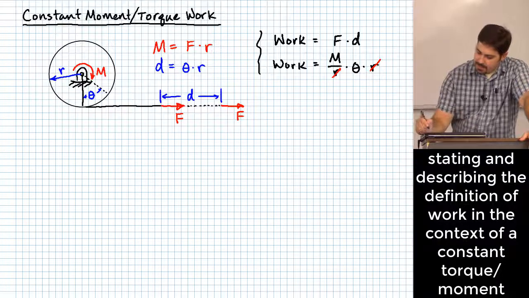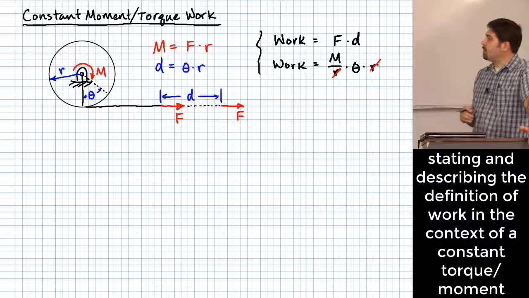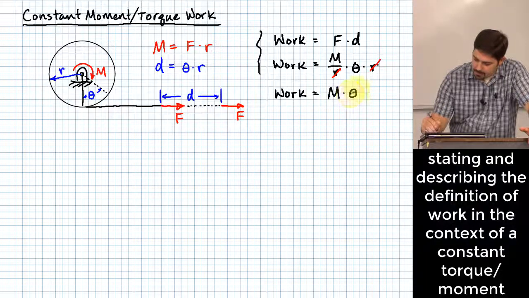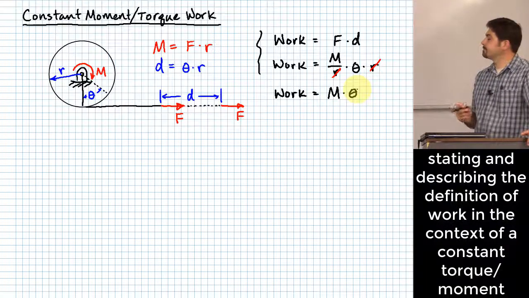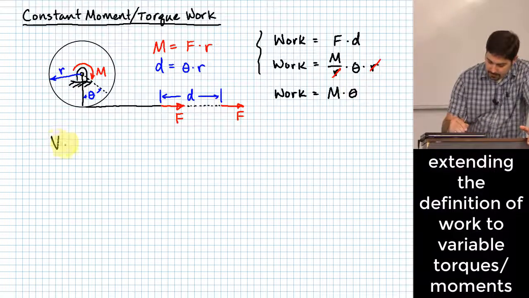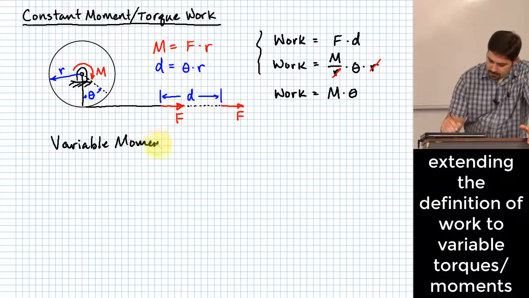And so what we see here is that if you have a constant moment that you're applying, then the amount of work that that moment does is just equal to M theta. Okay? And I won't spend time trying to really derive it here, but what do you think if you had a variable moment, and let's say that variable moment was M as a function of theta?